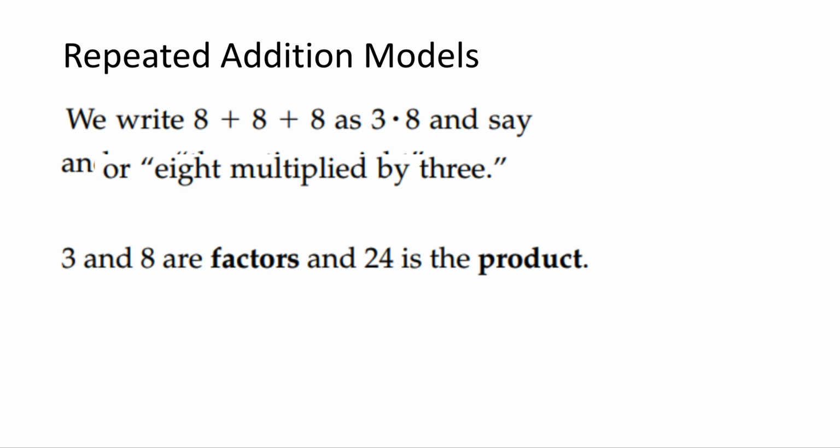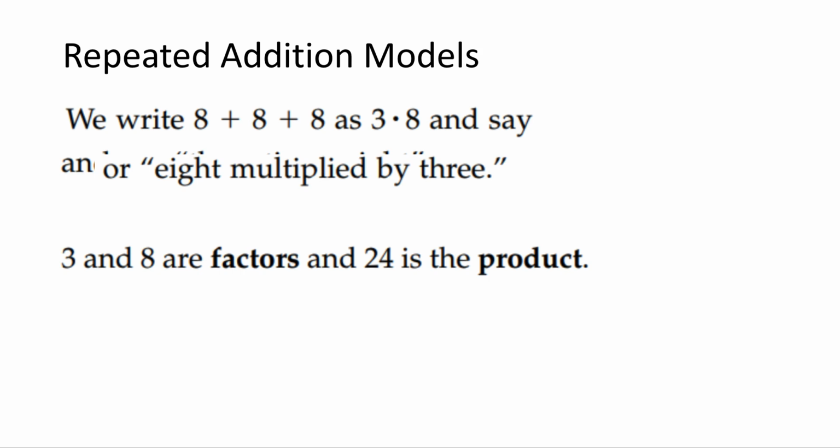Just like when we add two numbers together, 3 plus 8, we call both 3 and 8 addends. Similarly, we're just gonna call 3 and 8 in multiplication factors. So the order doesn't matter. And we call the final answer the product in multiplication.